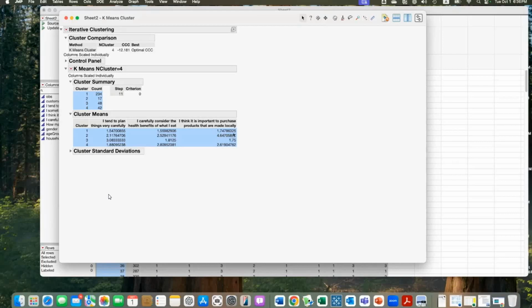So those are people who most likely consider it important to purchase food made locally. And given the 4.6 score, this group also has a moderate level of consideration of health benefits, and plans things a little bit carefully, right?